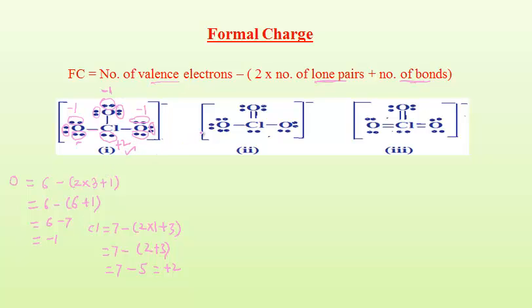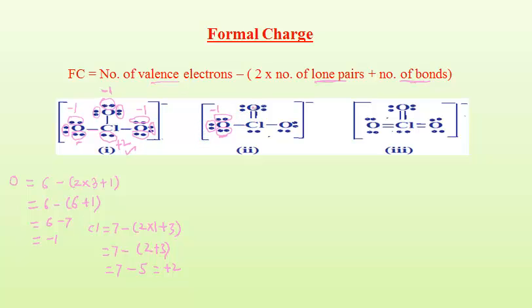Let's move on to the next resonance structure of chlorate ion, and we calculate the formal charge on this oxygen atom. If you compare this oxygen atom with the earlier oxygen atom, both oxygen atoms have the same number of lone pairs. Each oxygen atom has 3 lone pairs and forms 1 chemical bond. That's why it will also have minus 1 formal charge.